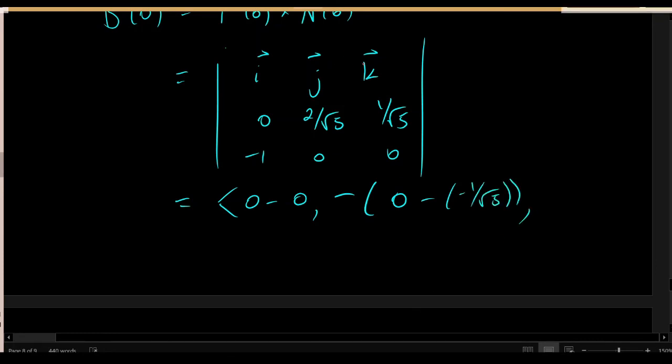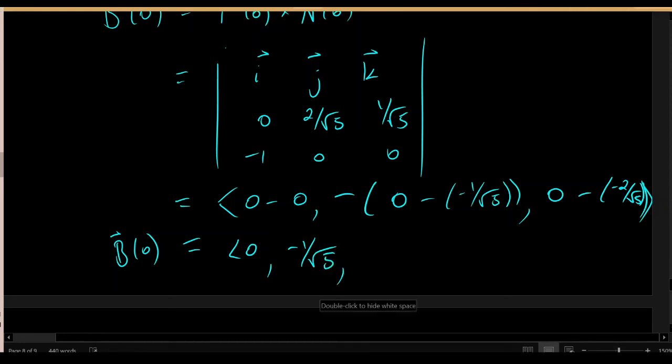And then looking at the k component, we have 0 times 0 minus negative 1 times 2 over root 5. All in total, our unit binormal vector at the time is 0, then negative 1 over root 5 after the sign flips, and then 2 over root 5.